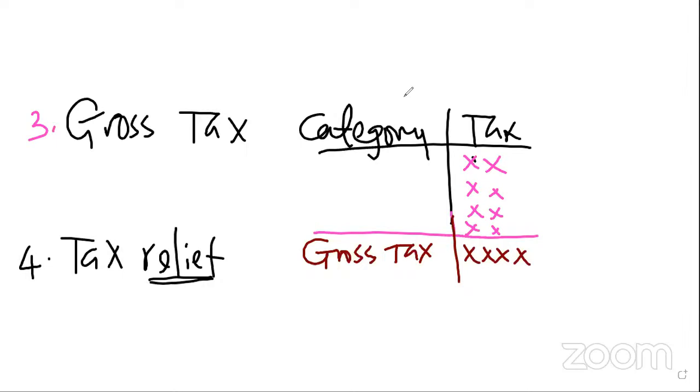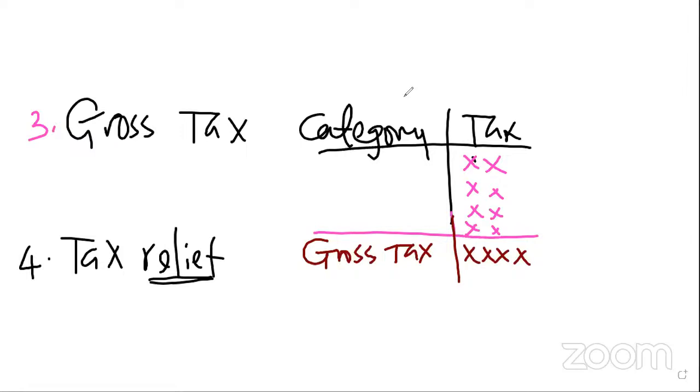You are being burdened to pay some money, to give the government some money out of what you are earning or from your earnings. And therefore, if you are supposed to pay a certain amount of money and it looks big, the government considers giving the citizens reliefs. So if you are relieved, it means you pay less tax than the gross tax.